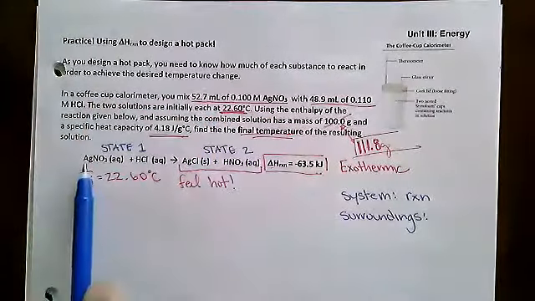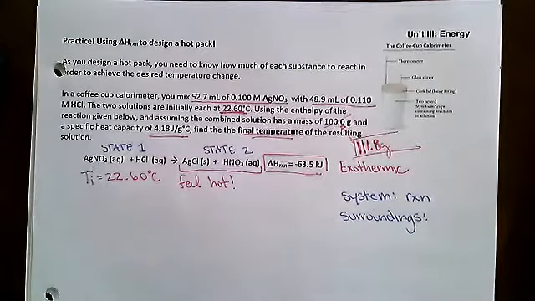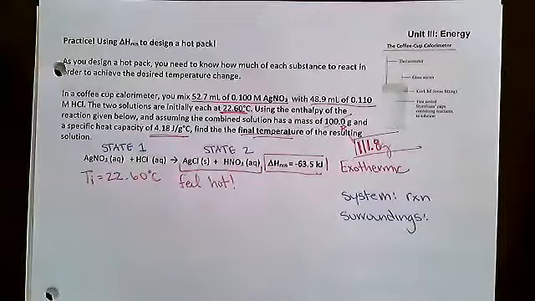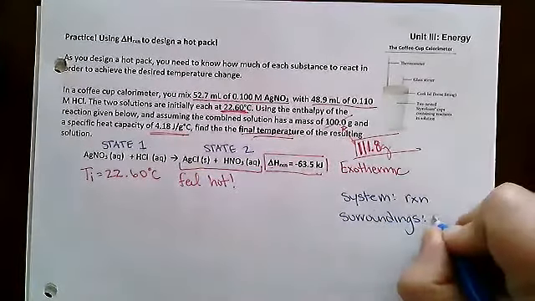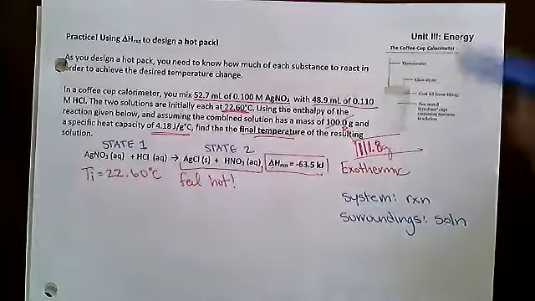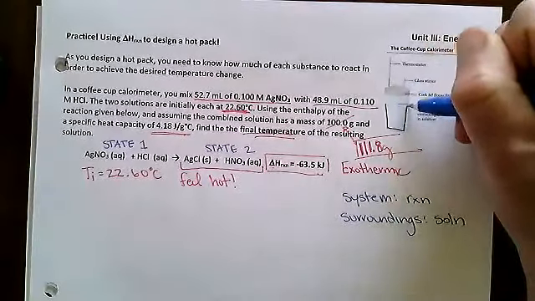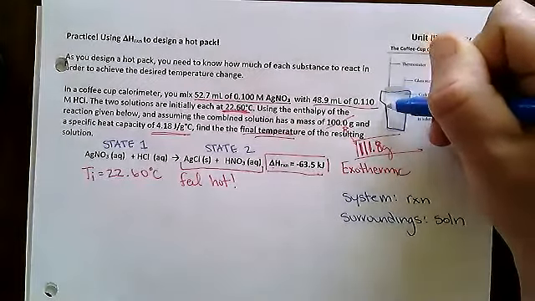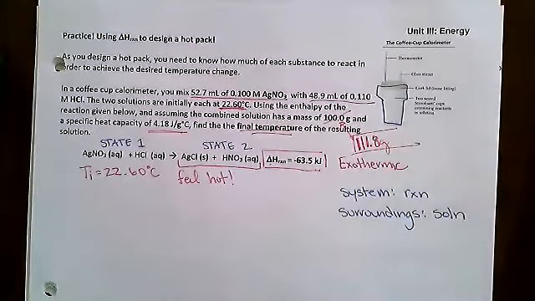So the system is silver, nitrogen, oxygen atoms, hydrogen atoms, chlorine atoms arranged in particular bonding models. And then there's a new arrangement in the products. The surroundings is going to be the solution, because the solution is sitting in this insulated container called a calorimeter. So we're assuming there's no heat lost to the air or even to the calorimeter itself right now.